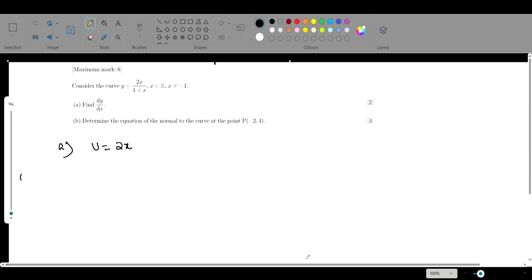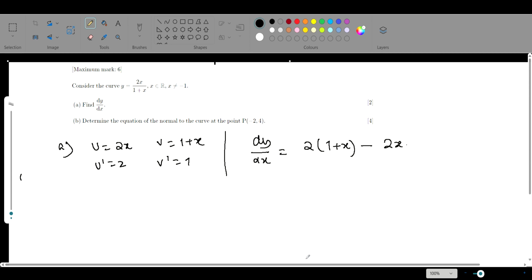u is 2x, so u dash will be 2. v is 1 plus x, so v dash will be 1. dy over dx would be u dash times v, so it's 2 times 1 plus x, squared, minus u times v dash upon 1 plus x squared, that is v squared.